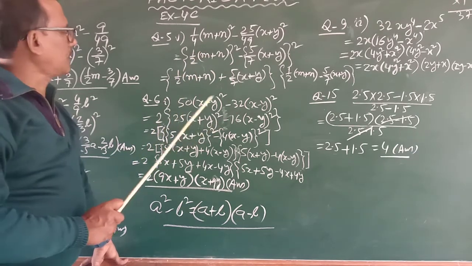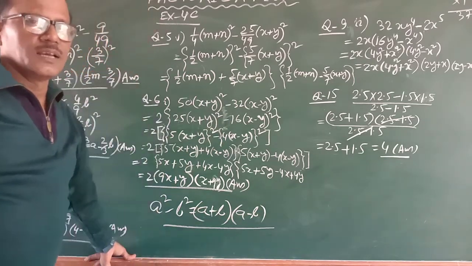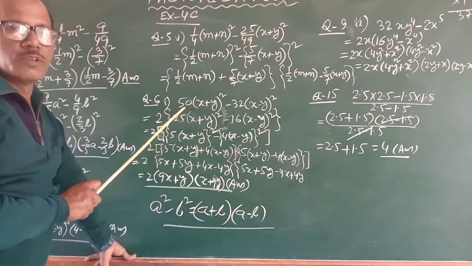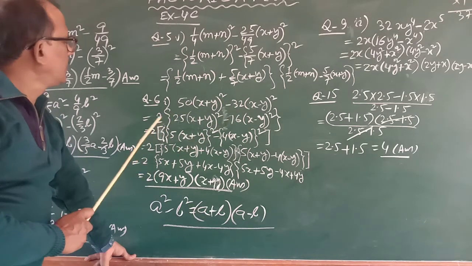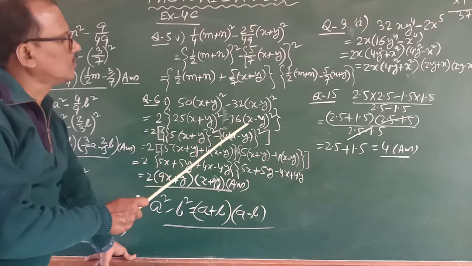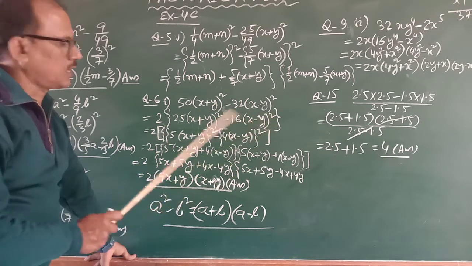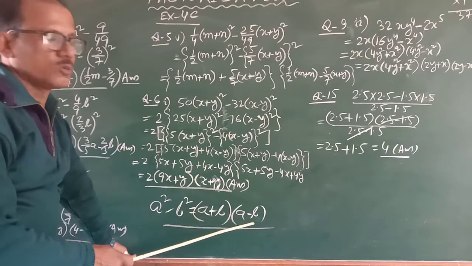Could you understand me? Now question number 6. You see here once again, 50 is not a perfect square, 32 is not a perfect square, but among 50 and 32, 2 is the common factor. If you take it common, then 25 will remain and 16 will remain, which are perfect squares. So therefore 2 into 25 into (x plus y) whole square minus 16 into (x minus y) whole square. That is a square minus b square, which becomes (a plus b) into (a minus b).